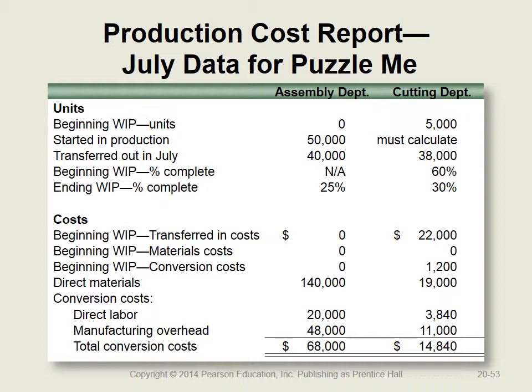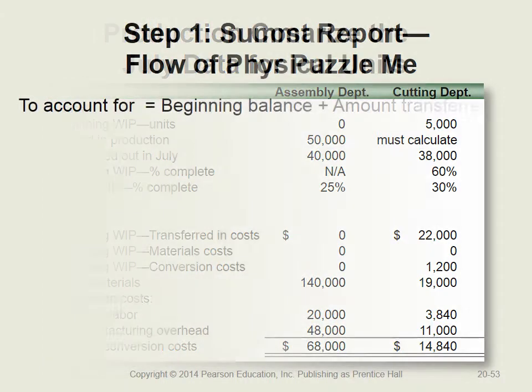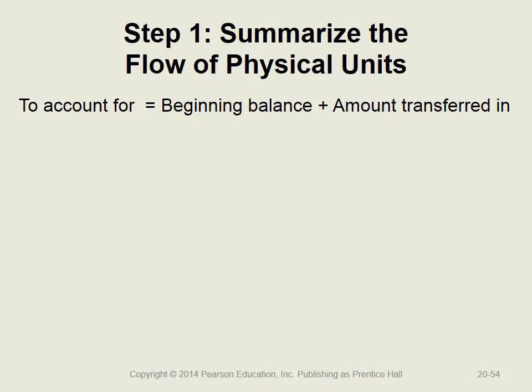The conversion costs incurred in the assembly department are also transferred in costs for the cutting department. We follow the same 4 steps to prepare the production cost report as we did for the assembly department. Remember, the amounts that are transferred out for assembly department become transferred in for the cutting department.